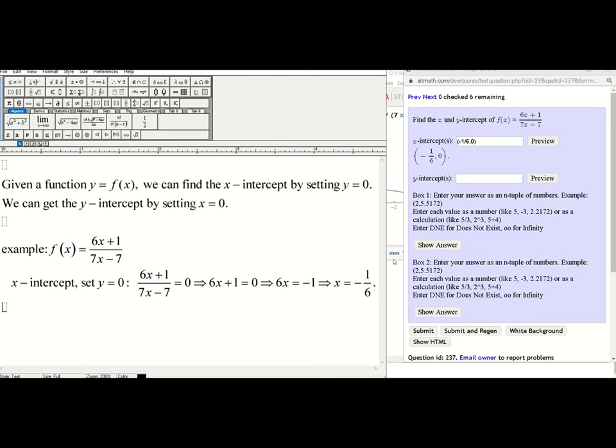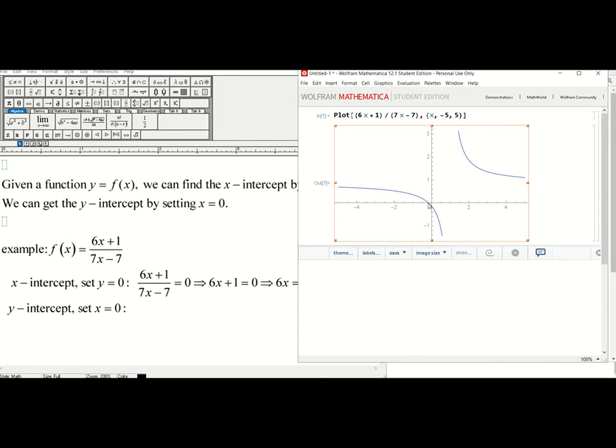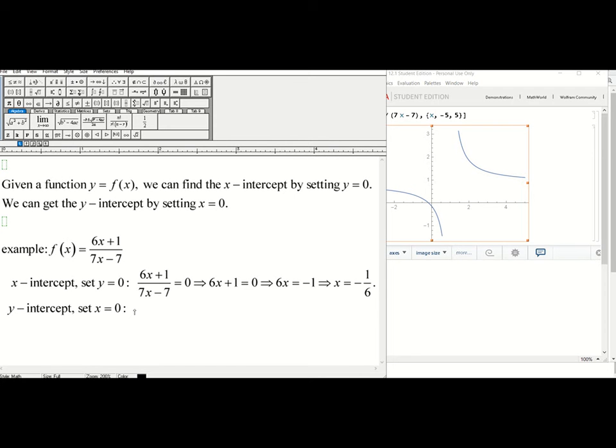Likewise, we can get a y-intercept. Okay, and we got negative 1/6. Let's look at the Wolfram system. That actually seems legit. We're going to get something similar here. It should be a small number, and I'm expecting probably something negative. If I set x to 0, I'm going to get y equals this thing, but instead it'll have zeros there.